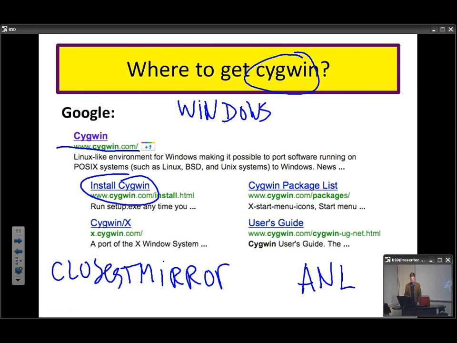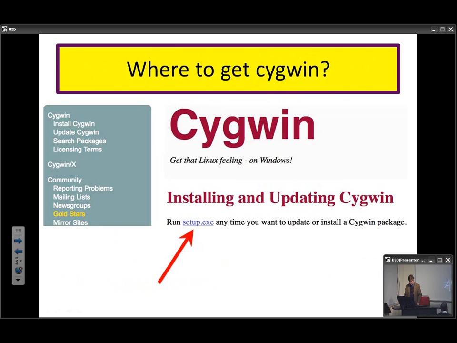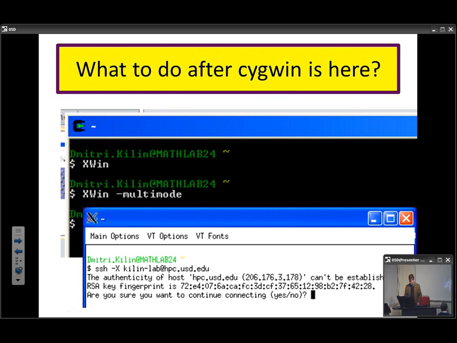If you click any of them, it will work at the same speed, maybe 10% different. If you care about 19 seconds instead of 20, then you can spend time selecting where to download it from. It is a website. You click Setup.